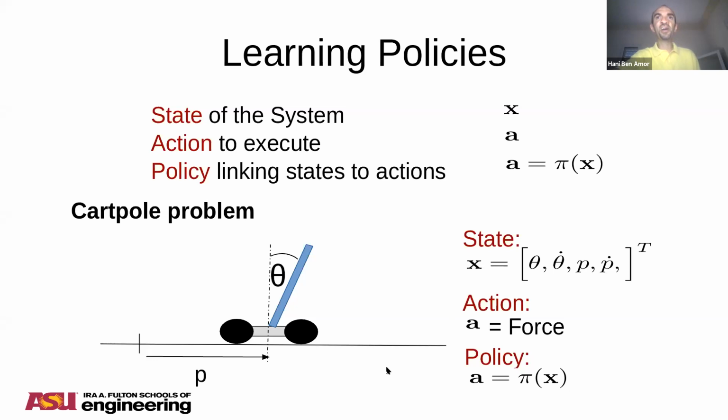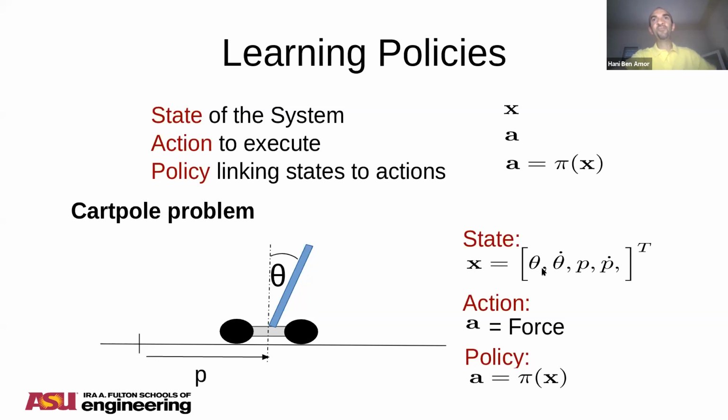In the case of the cart pole, the state is going to be this angle, theta, how upright the pole is. And in addition to that, we're going to store also the angular velocity. That dot that you see there typically means velocity.